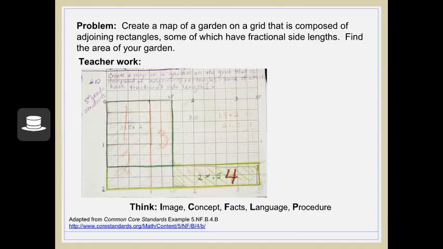When the teacher reinforces this through the multiplication algorithm, she's taking 1.5 times 2, which represents this 1.5 times this 2 units, gives me this rectangle. The area of this rectangle is 1.5 times 2, which is 3.